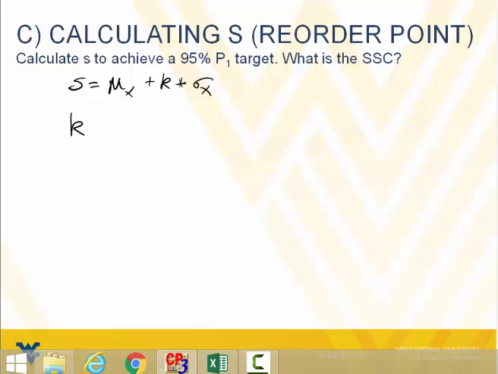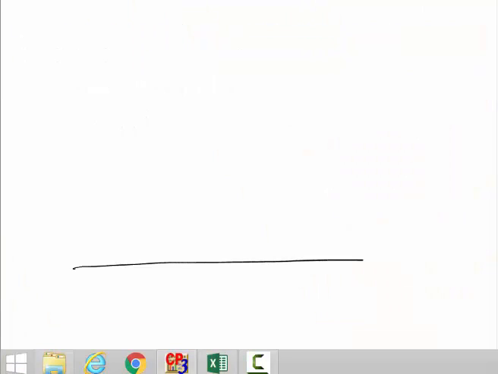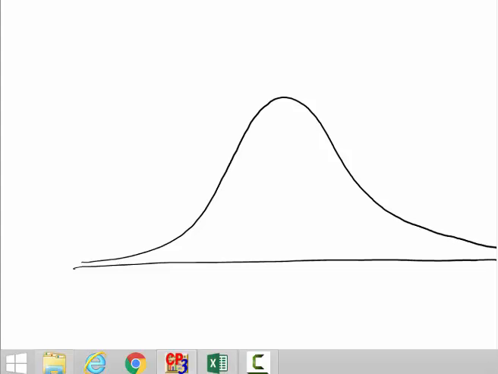So, K is the inverse of our CDF. Again, going back to that graph I showed you, we want to see what this K is when we have 95%.